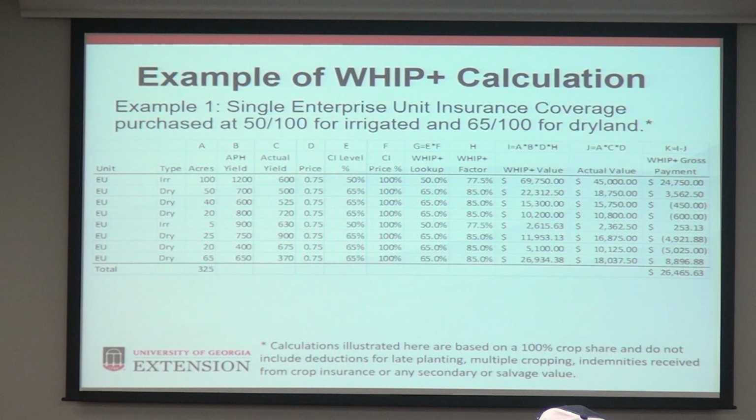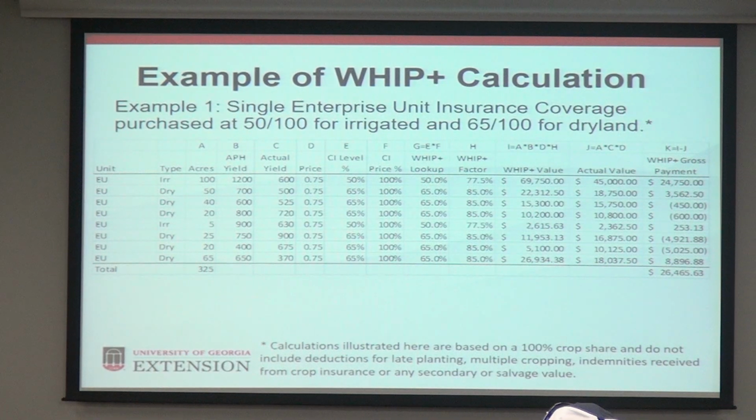Take that and then deduct off what those indemnities or any additional value that you received for that crop before you get to your actual WIP payment. So my point here is, how does this compare if this same farm, same situation, was uninsured? No crop insurance at all.